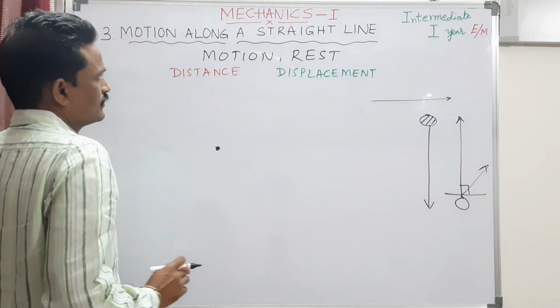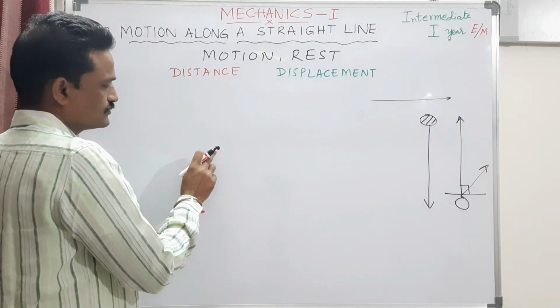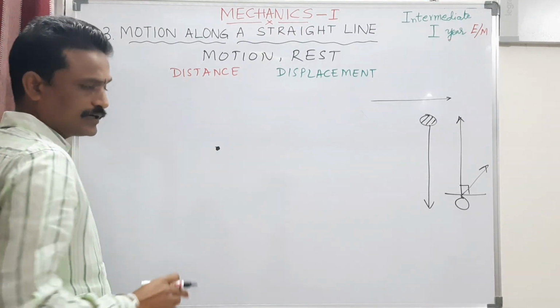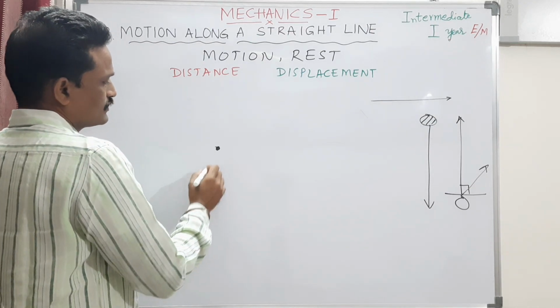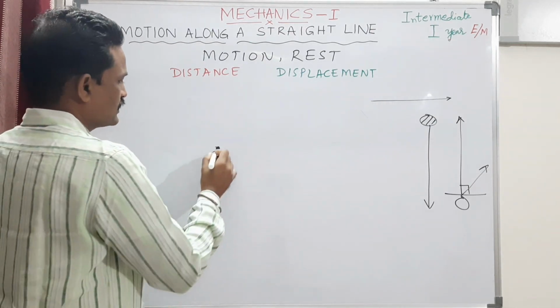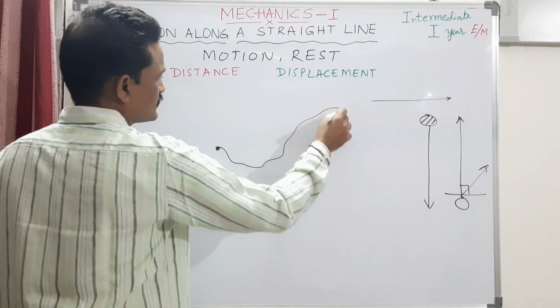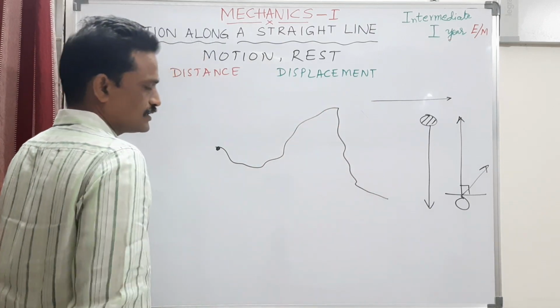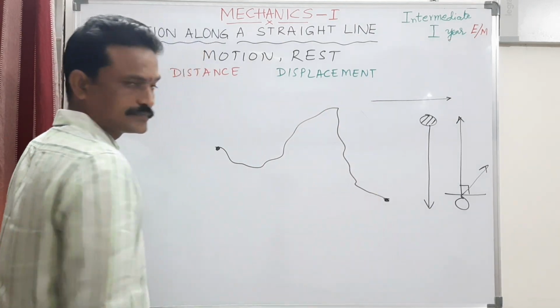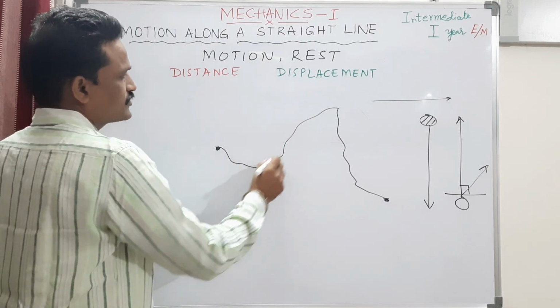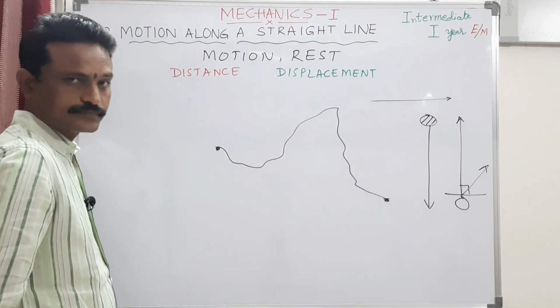Now, you take the example of our previous example of an ant. So this ant is moving on the plane. Let us say it can go in different directions in search of food or something else. So this is the actual path followed by the ant.